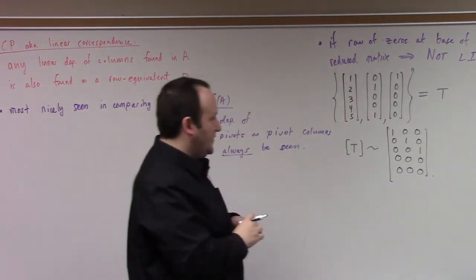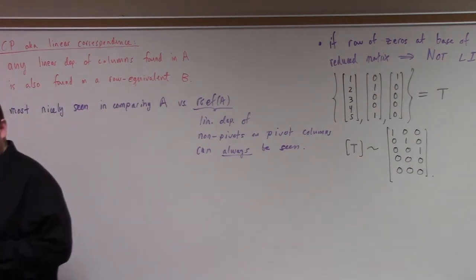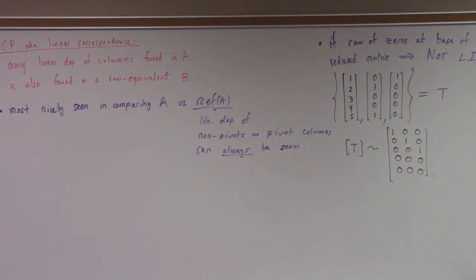Two rows of zeros at the bottom, but that is linearly independent. So saying there are rows of zeros at the bottom implies linear dependence won't work for us, right?